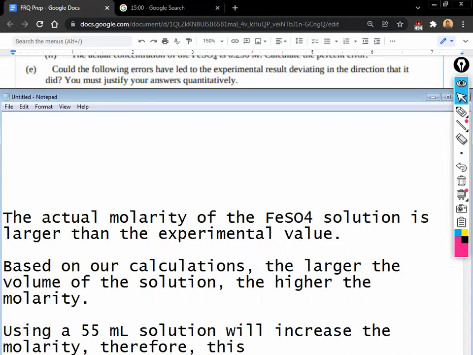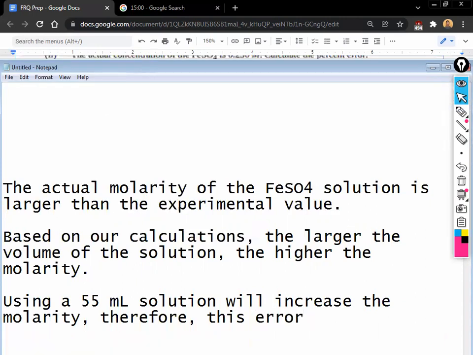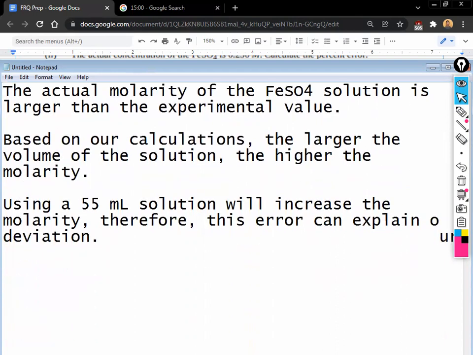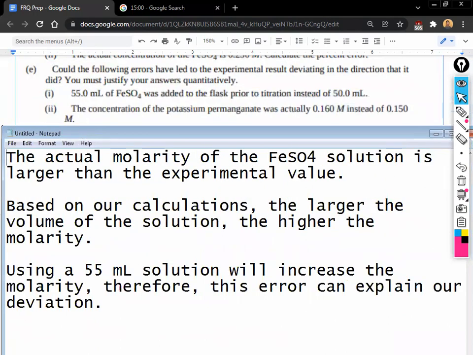Therefore, this error can explain our deviation. Okay, so all we need to do is basically compare the numbers that we had, and then based on the patterns that we see, just conclude it, just wrap it up together.